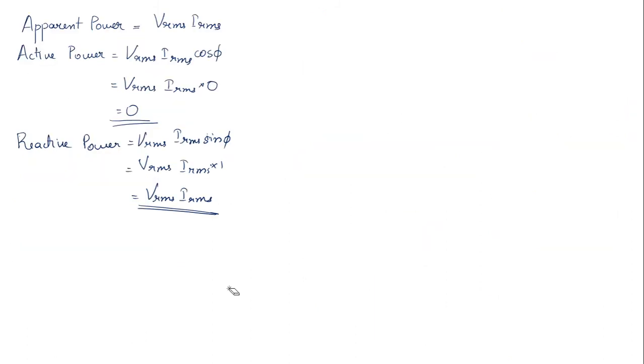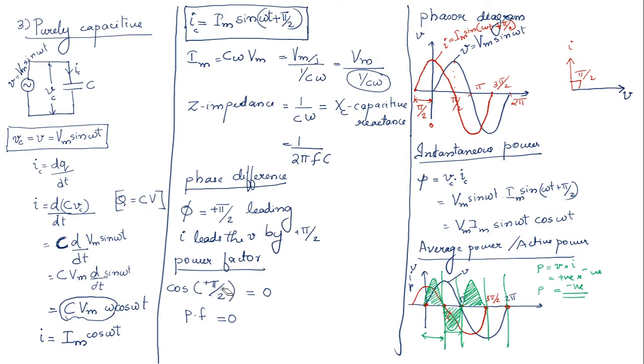The same method I'm going to follow here, just like we converted sine A cos A into sine 2A. Sine 2A is equal to 2 sine A cos A. So sine A cos A can be represented as sine 2A whole divided by 2.